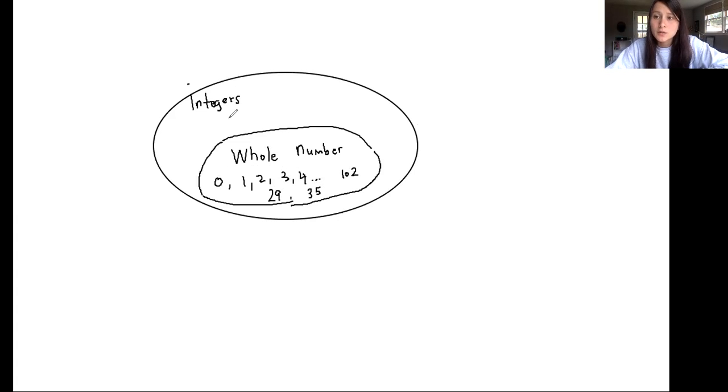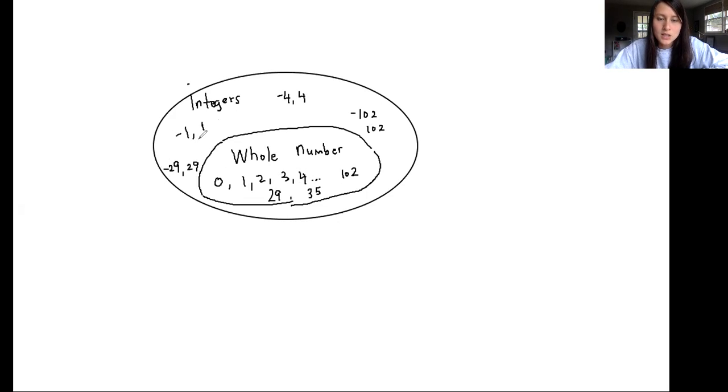So integers, if you remember from last chapter, it's basically any whole number and its negatives, right? So any of these numbers we wrote down here, but we can include those negatives, right? So +1, -1, or -4, +4, or +102 or -102, right? -29, 29.